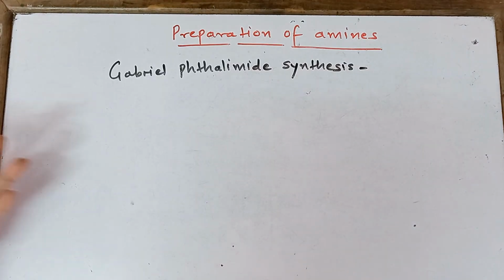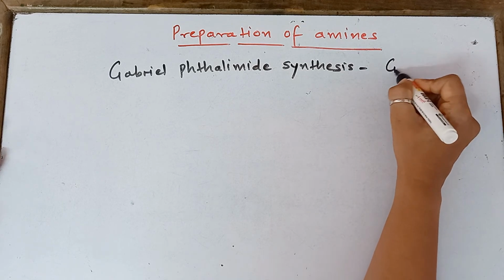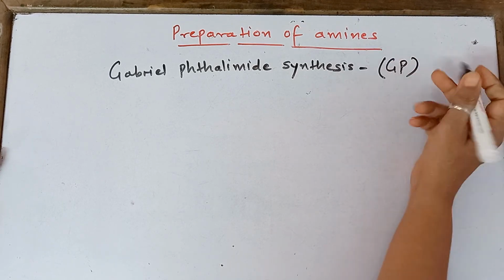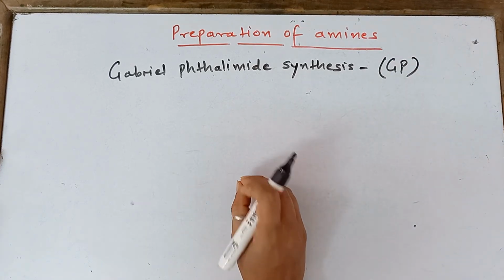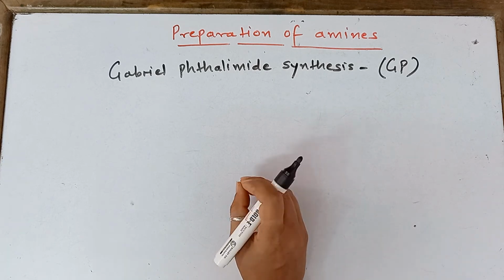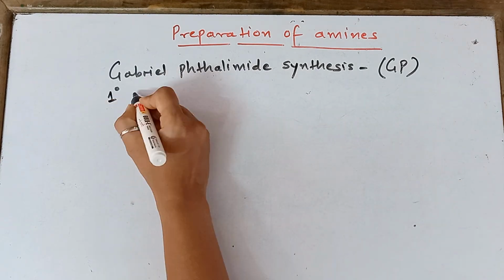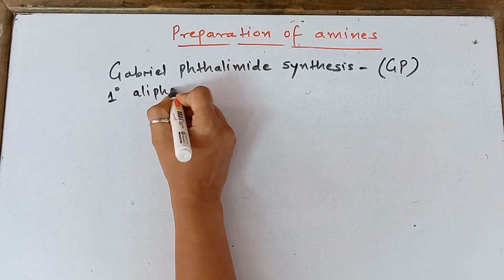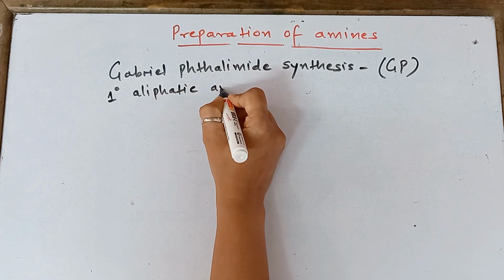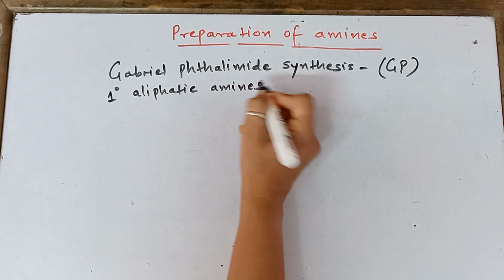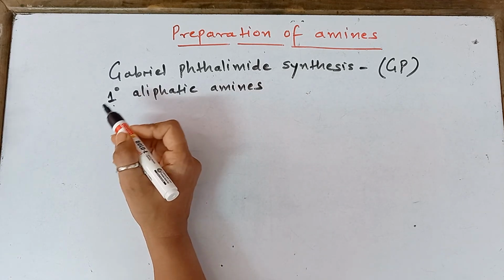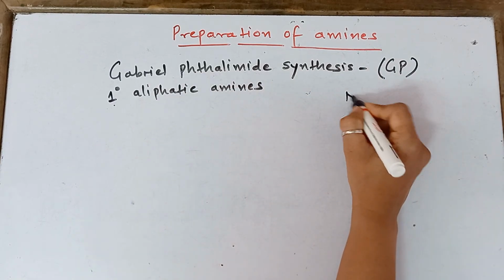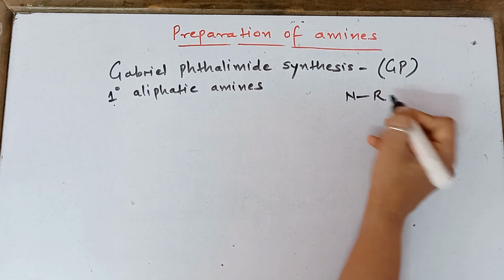So now we come to the last method of preparation of amines, that is by Gabriel phthalimide synthesis, also written as GP synthesis. This is one of the best, excellent ways to prepare primary aliphatic amines. So you're going to prepare primary aliphatic amines by this method. Now what is the meaning of primary? We all know that the nitrogen is just connected to one alkyl group.